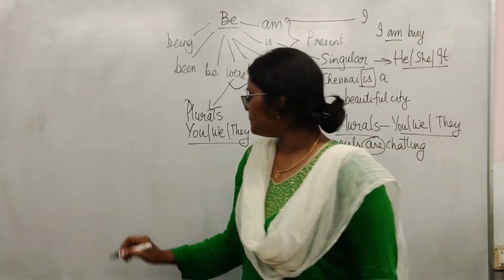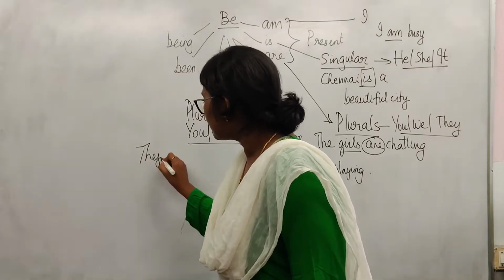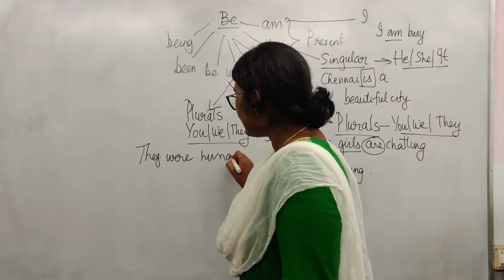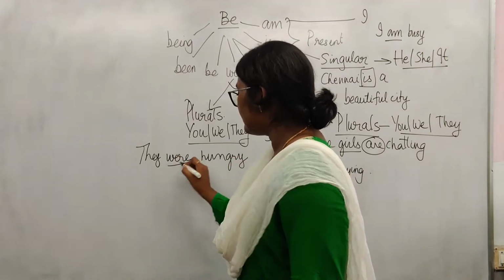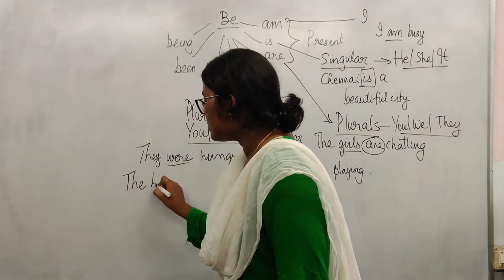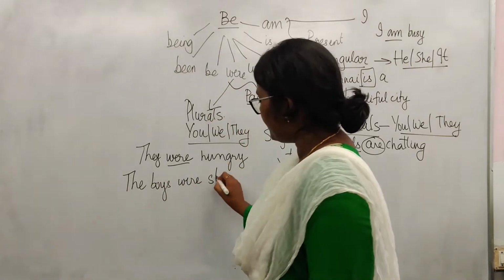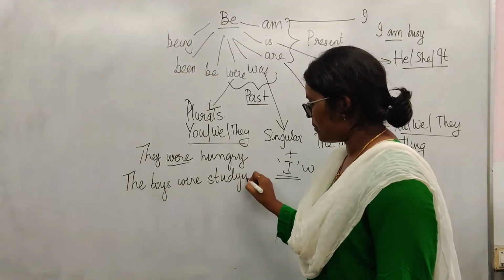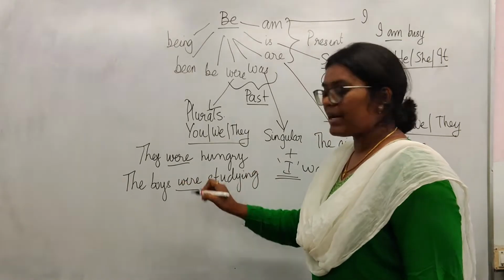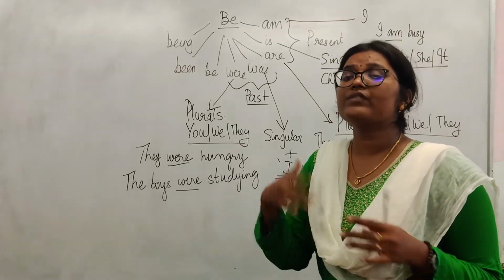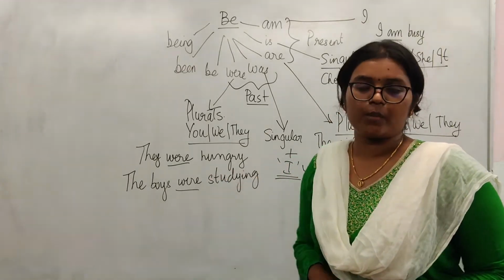For example, they were hungry. The boys were studying. Alright. So these are instances where you use were with plurals in the past form of it.